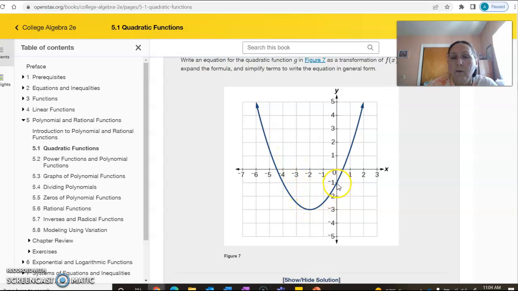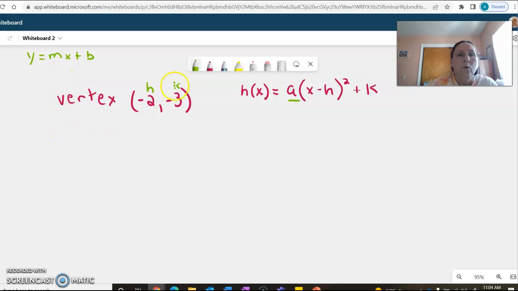Right here we have a point where the graph crosses an intersection on the grid. So this point is 0, -1. So now we know what our point is. Our point on the graph was 0, -1.